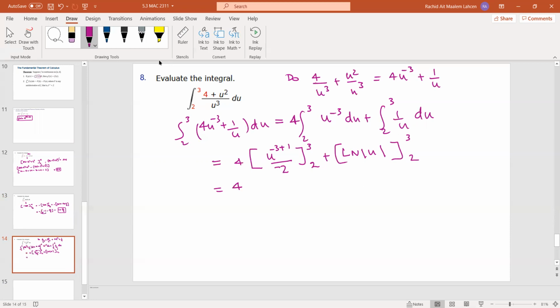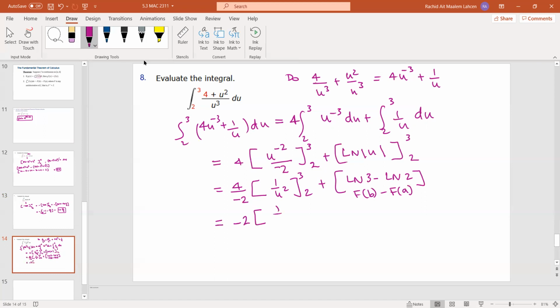And 4 over -2, that's -2, this one, which means 1 over u squared, 3 over 2, plus here we can use for the 3, then use for the 2, you know, the f of b minus f of a, right? That's a -2. So 1 over 9 minus 1 over 4.